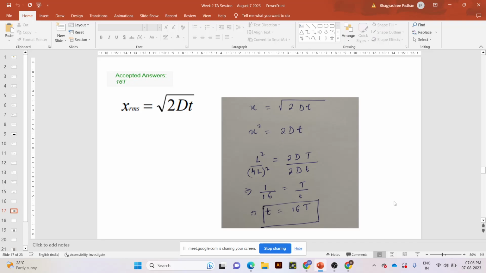D is the diffusion coefficient and t is the time. So if you put this L and t, then here is how you can solve it. x equals under root 2Dt, so x square equals 2Dt. Then for L, the time of diffusion is t. Then for 4L, the time of diffusion will be 16t.